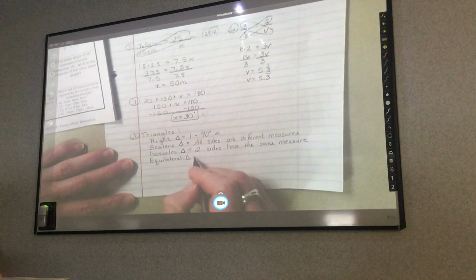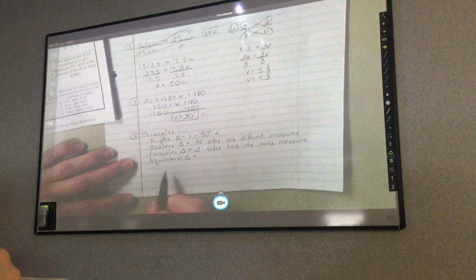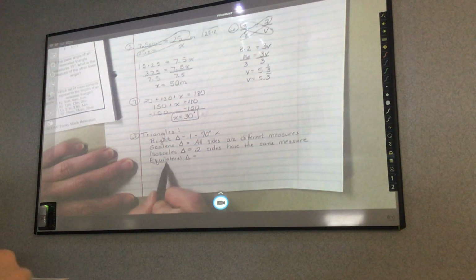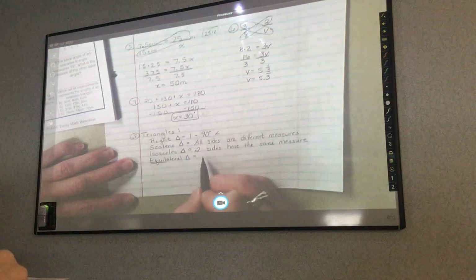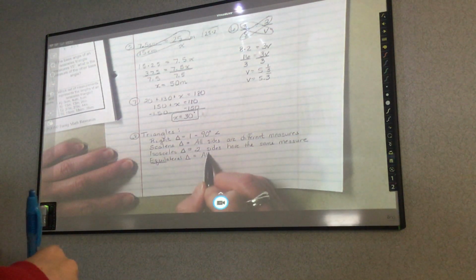Do we have an equilateral triangle? Well, it tells us in the name, right? What's our base word? Equal. So what are all the sides? Equal. All sides are equal.